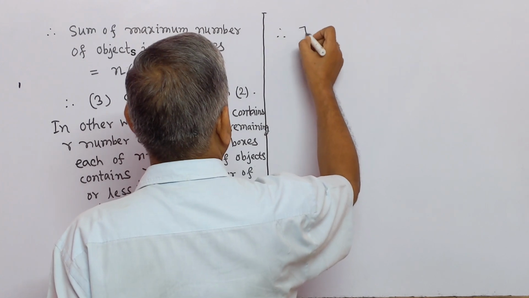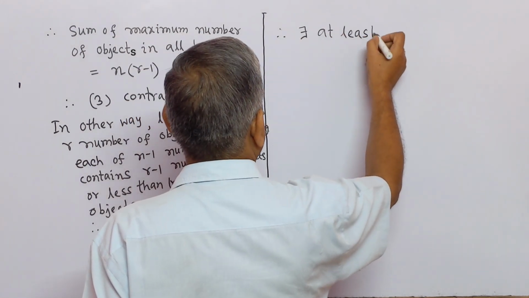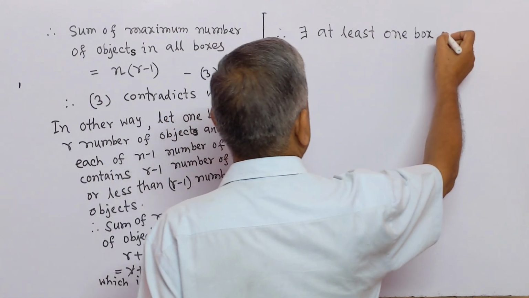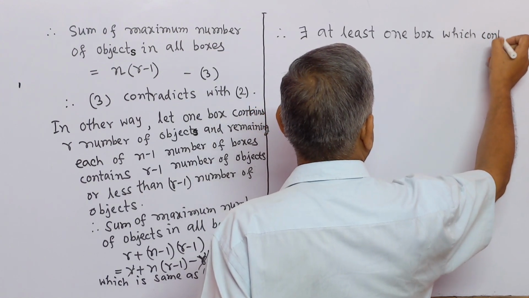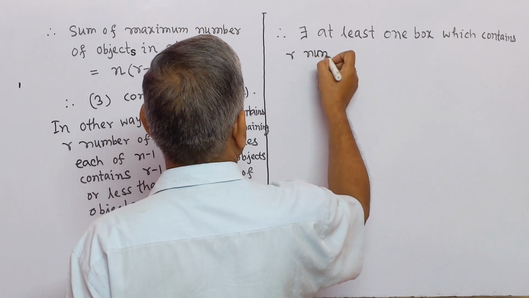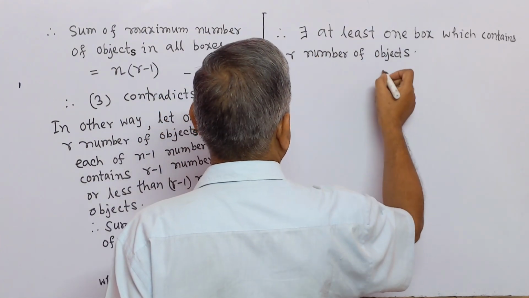Therefore, there exists at least one box which contains r number of objects. Proved.